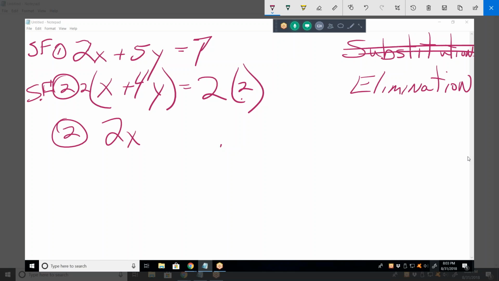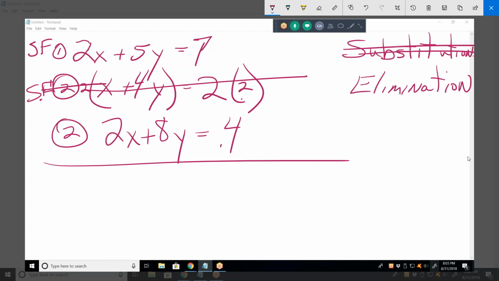Since I'm multiplying the left side by 2, gives me that. Multiply the right side by 2, gives me that. Cross it out. This is my new equation 2. Now, with equation 1 and equation 2, how can I eliminate a variable? What do I have to do? If I can add or subtract equations.